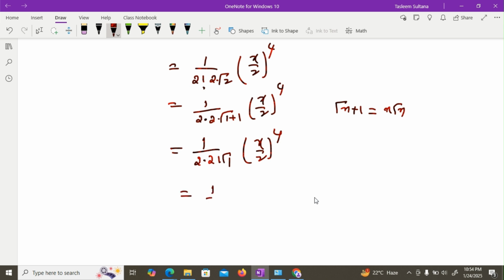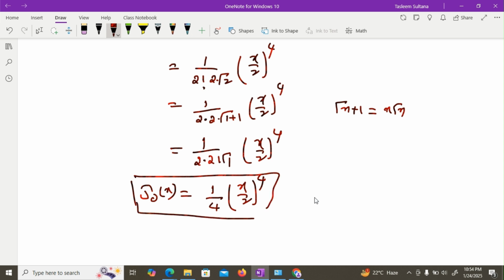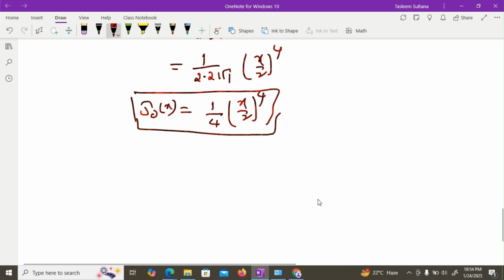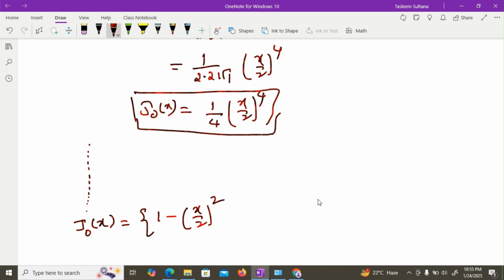So what we are going to get is 1 by 2 into 2 into 1, gamma 1 is equal to 1, x by 2 to the power of 4, which is equal to 1 by 4 into x by 2 to the power of 4. So in this way we have to continue. Three values is enough. Where we got J0 of x, when r is equal to 2, we are getting the value that is equal to 1 by 4 of x by 2 to the power of 4 and so on.